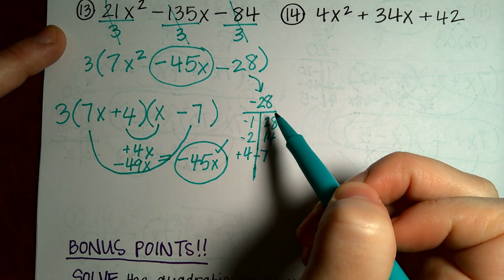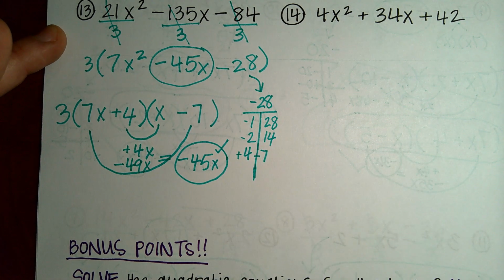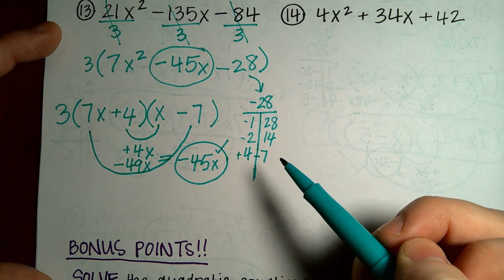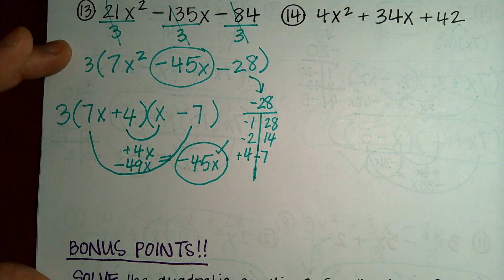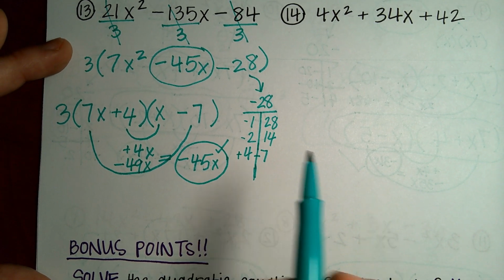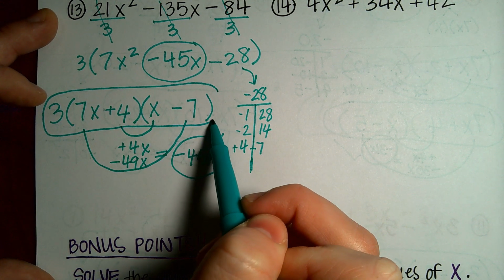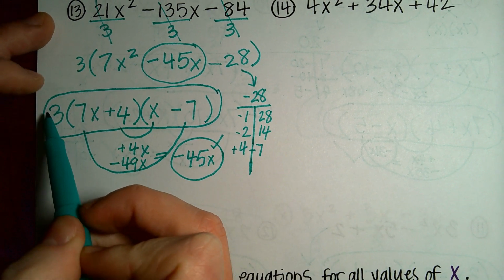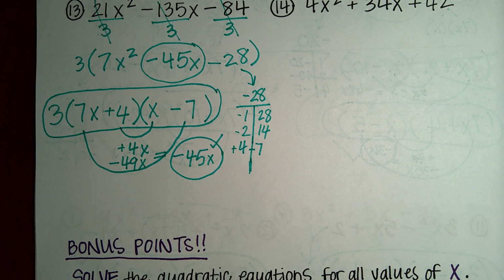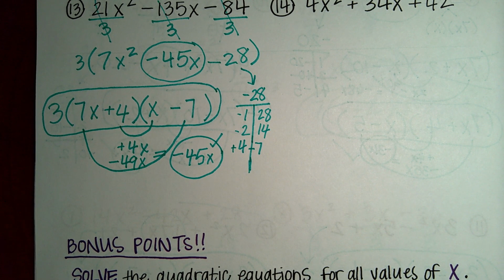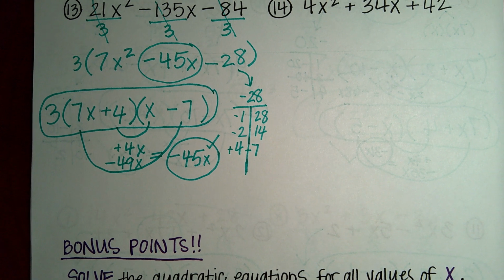Because if I did 7 times 28, I'm going to be at a huge number. 7 times 14, still too big. 7 times 7, that's looking a little better. So guys, this is our answer, and don't forget to include your GCF in there. That's why I always bring it down before I do my factors, because I know myself, it would not be included. I would forget. So always do it as you go.